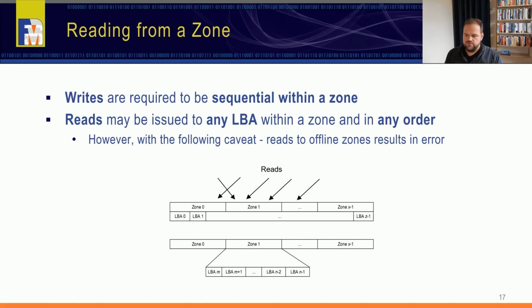But for any other zone state, you can read the data in any order that you like. So you only have to think about ZNS when you're writing to it. When you read, you can do it in any order and size as you like.